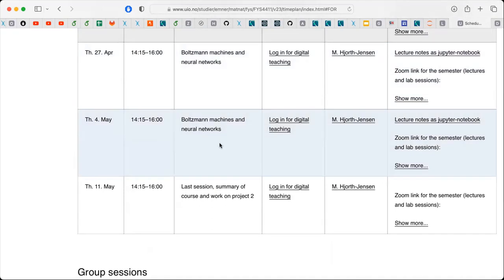And then the last lecture is going to focus more on neural networks. And then we have the last session where we're going to summarize and just keep working on the project. And then the remaining sessions in the month of May will mainly be devoted to work on project number 2.